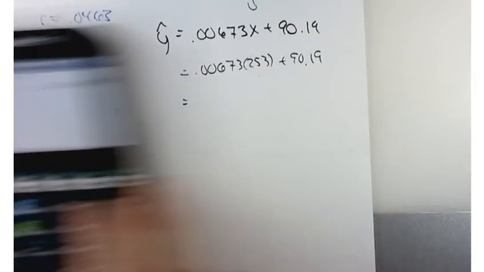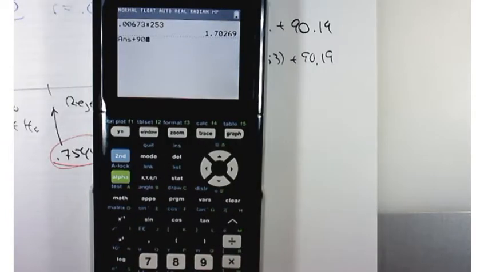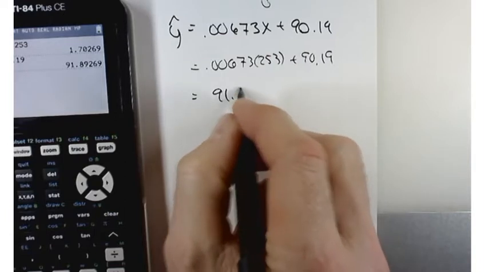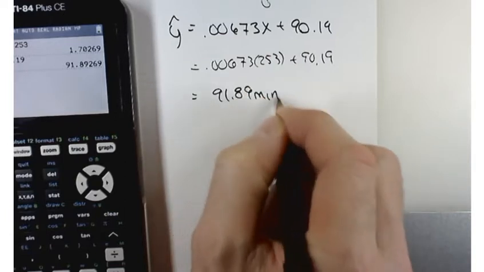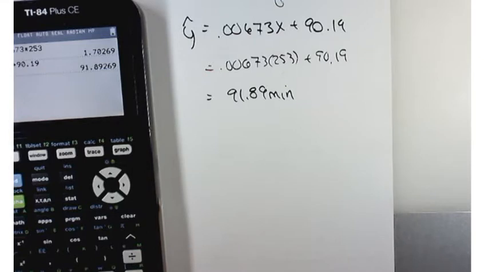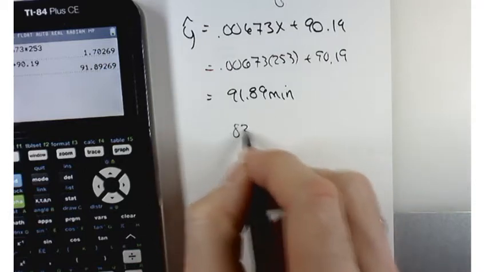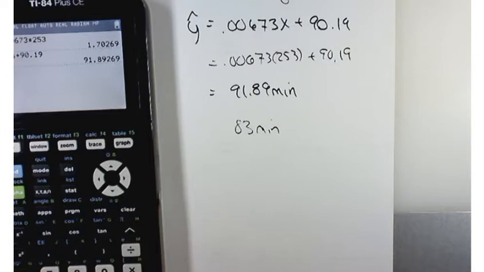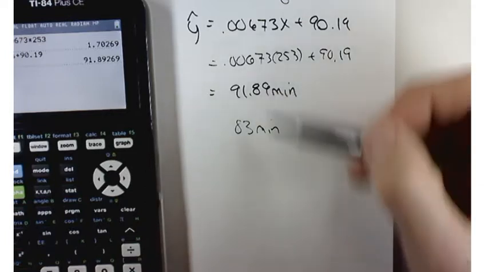So if I add 90.19 to that, I get a predicted time of 91.89 minutes. The book says that the actual interval in this case was 83 minutes. So about a 9-minute difference. Fairly substantial. I'm not sure how annoyed I'd get waiting there, but it's a fairly substantial difference. It's not a great prediction.